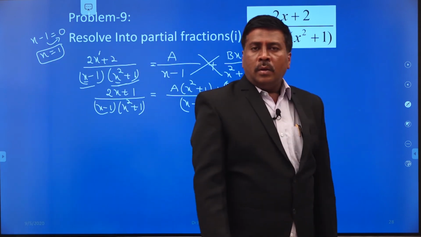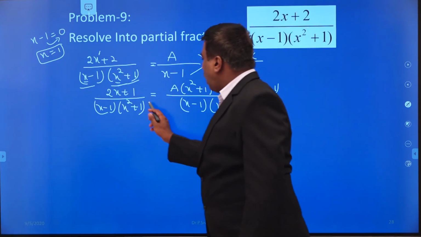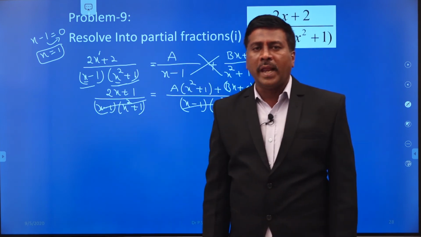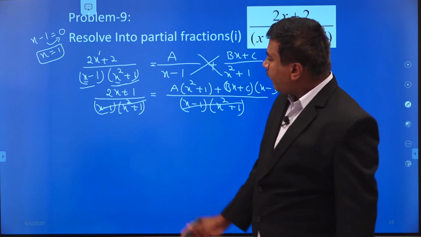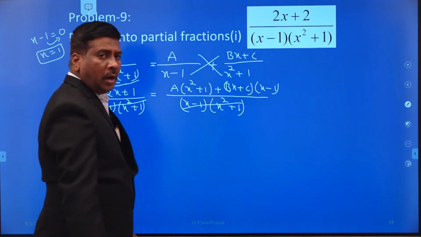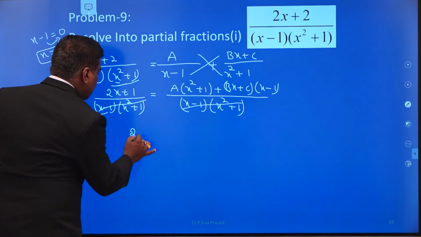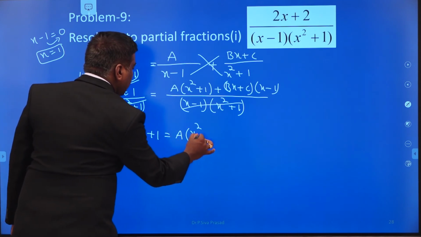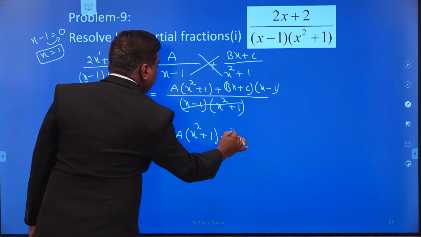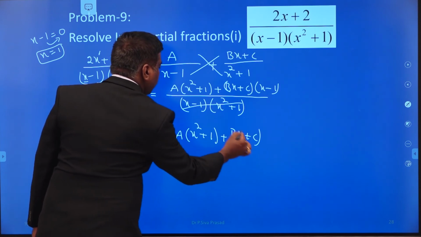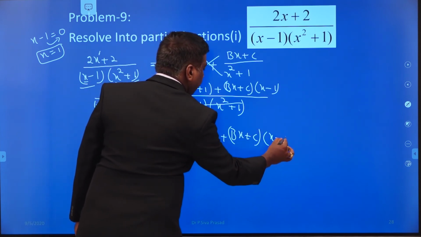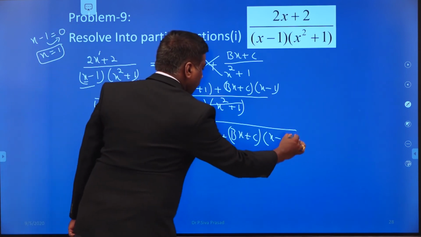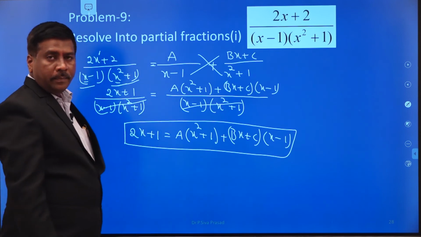Please observe this: in the denominator, the two factors are the same, so simply cancel those two terms. Whatever terms exist in the numerator, take as the relation. Then 2x plus 1 is equal to A into x square plus 1 plus Bx plus C into x minus 1. This is the relation that is obtained.